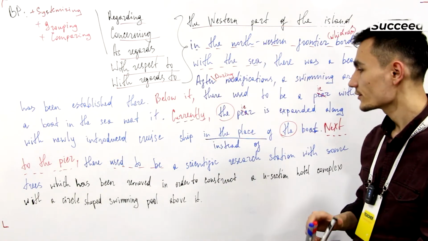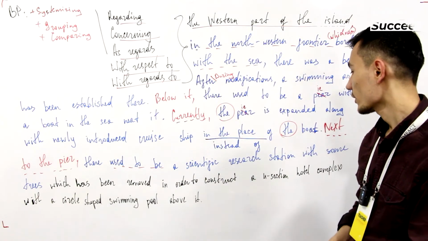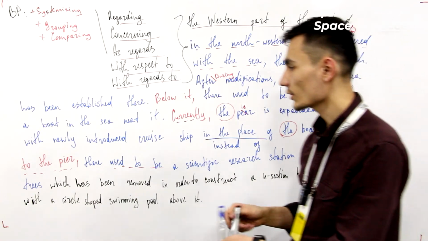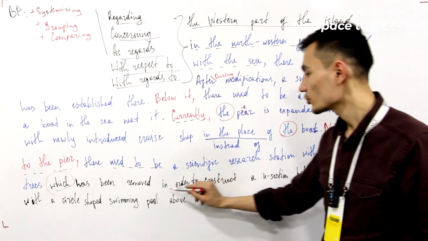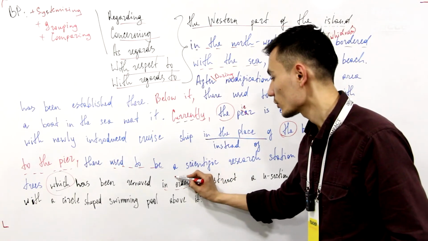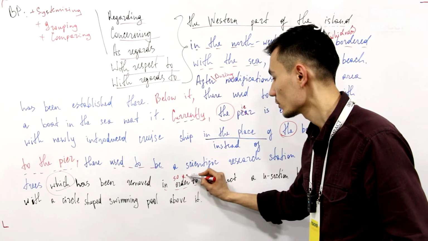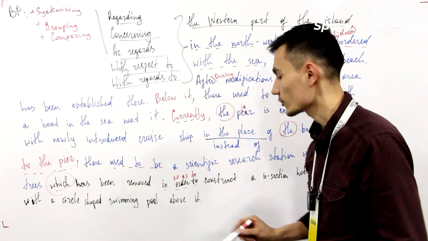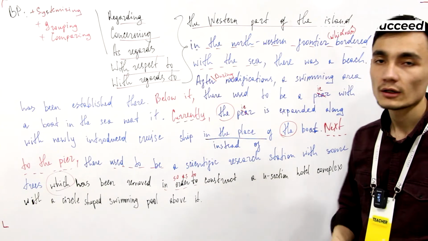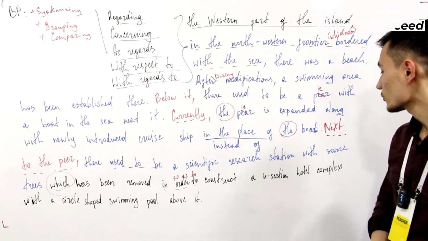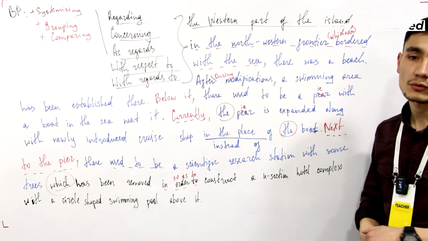As you see, I gave a more complex structure using a relative clause here, which has been removed in order to, or we can say so as to, which is also a better version of in order to, construct a four-section hotel.